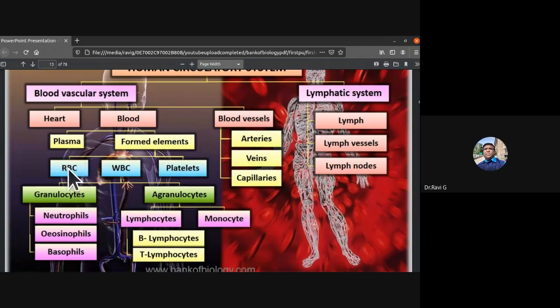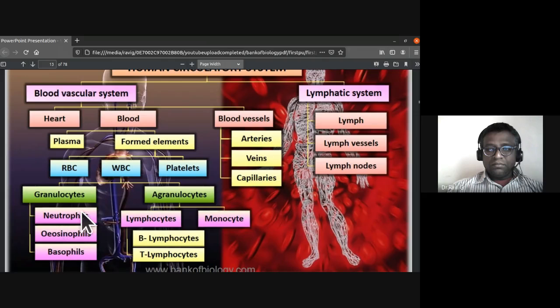WBCs are of two types, with granules and without granules: the granulocytes and agranulocytes. Agranulocytes have lymphocytes and monocytes. Monocyte is the largest WBC. In percentage of distribution, neutrophils are larger in distribution.